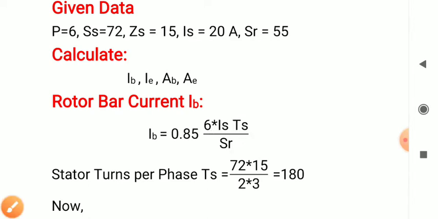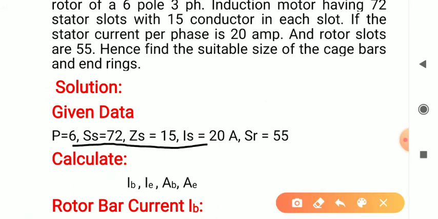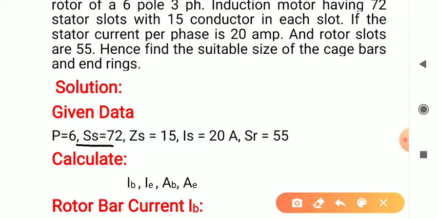But if you read this example and see the given data, it does not have data related to the voltage and the flux. So we are calculating here the number of turns per phase of the stator by using the information about the stator slots and the number of conductors in each stator slot.